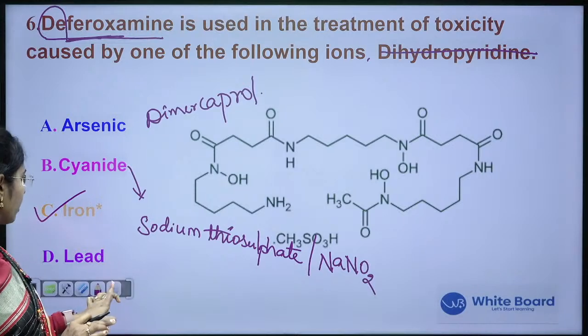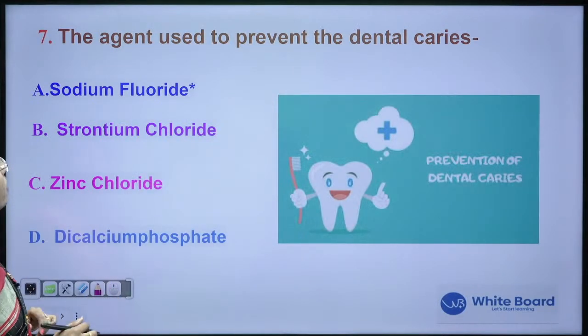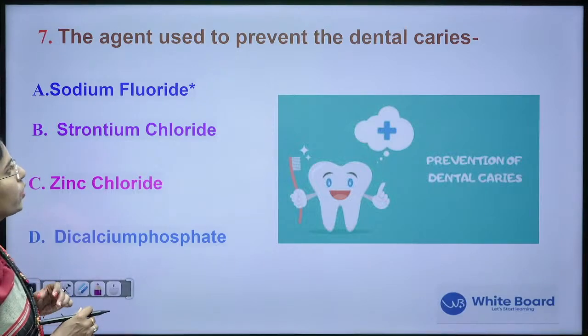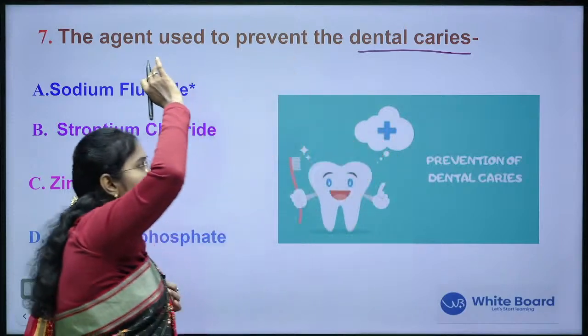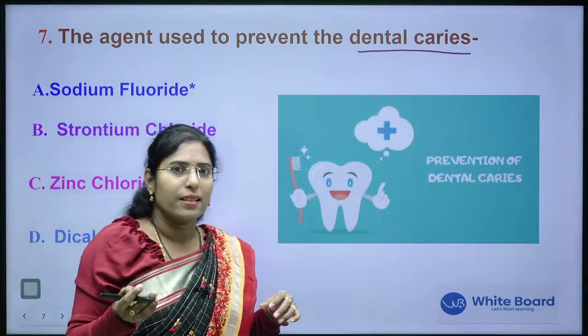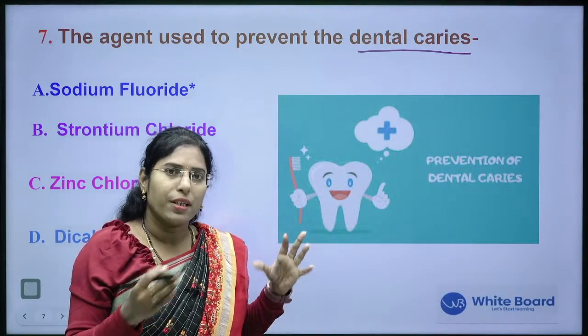Coming to the next question. The agent which is used to prevent dental caries. First of all, what is dental caries? Dental caries is nothing but the formation of cavities in the teeth.